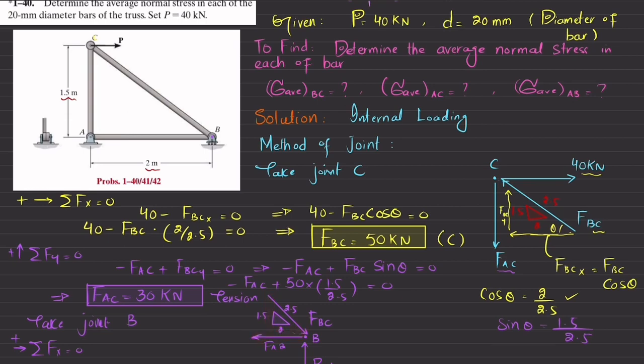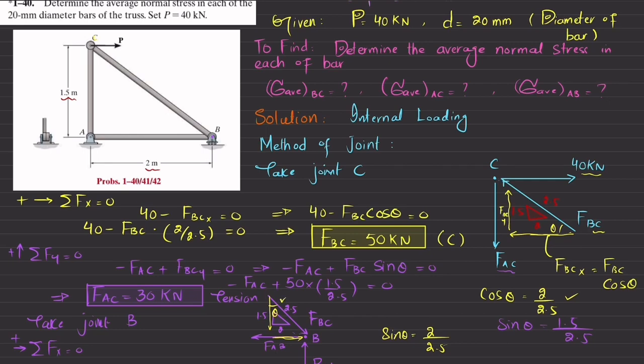Now you can see that this has two components. One is this and the other one is this one. Let this angle be theta. If we take sine of theta, then sine of theta will be equal to 2 divided by 2.5 for this angle.